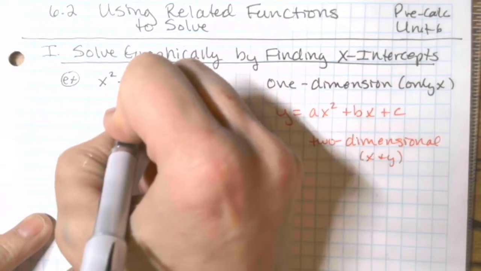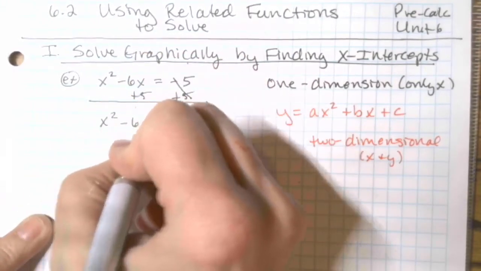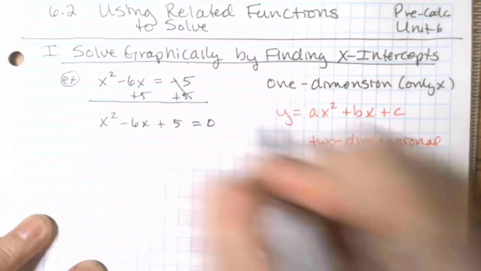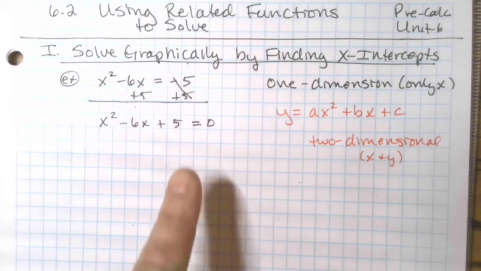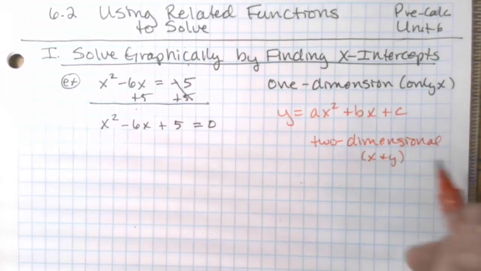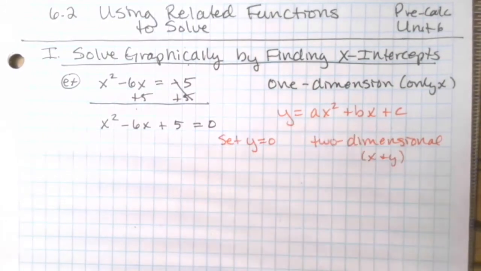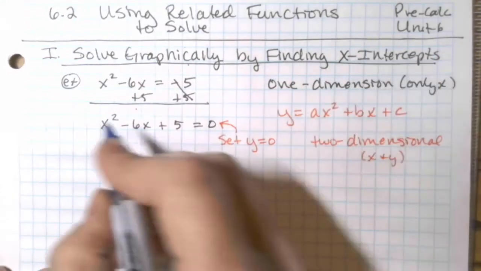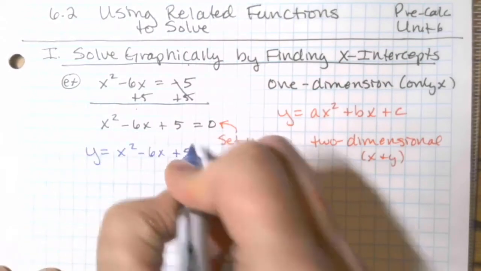So we're going to add 5 to both sides. So we've got x squared minus 6x plus 5 equals 0. Okay, so we need to figure out what's going to make that equal to 0. So what we're going to do is set y equal to 0 and make our new function. So when we do that, 0 is now y equals x squared minus 6x plus 5.